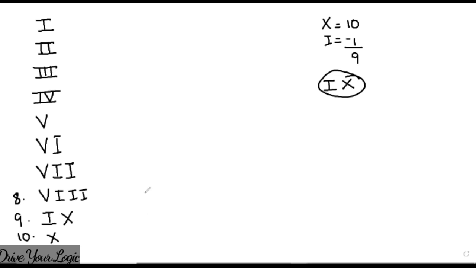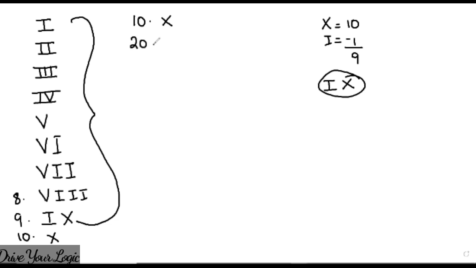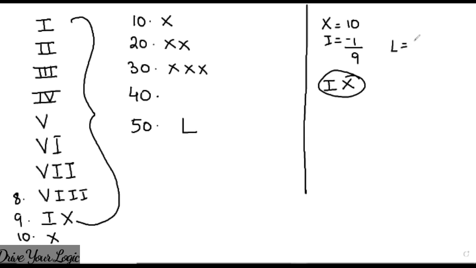The main thing you need to learn is 1 till 9, and then the value of 10 is X, 20 is XX, 30 is XXX. 40 is not XXXX, so what will you write? 50 we know is L. L stands for 50, X stands for 10.